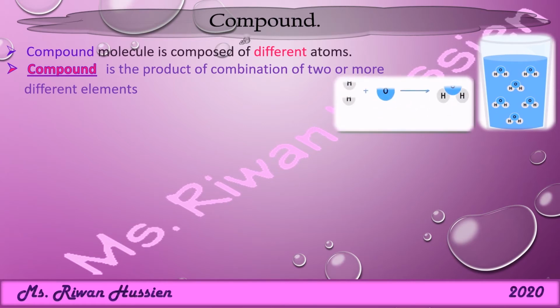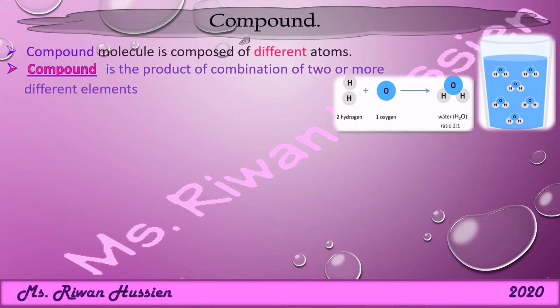We've seen that when 2 hydrogen atoms and 1 oxygen atom combine chemically, water is formed. In other words, whenever hydrogen and oxygen combine in a 2-to-1 ratio, the product will always be water.